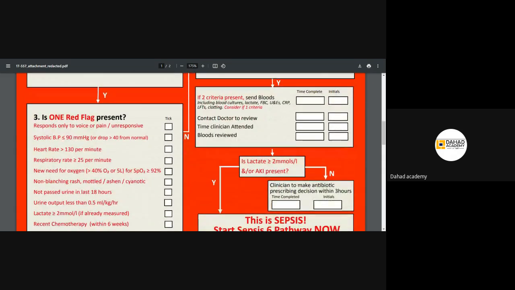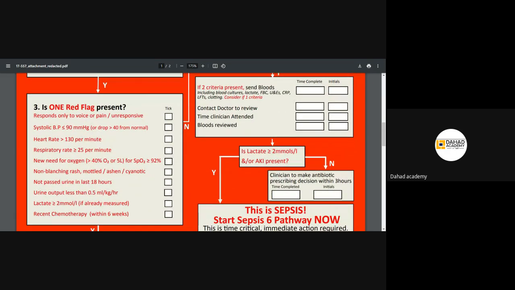And is one red flag present? Can you read the red flags? Read it loudly.